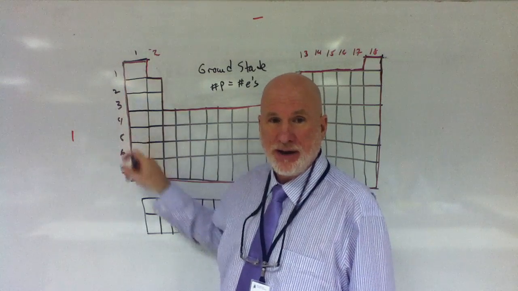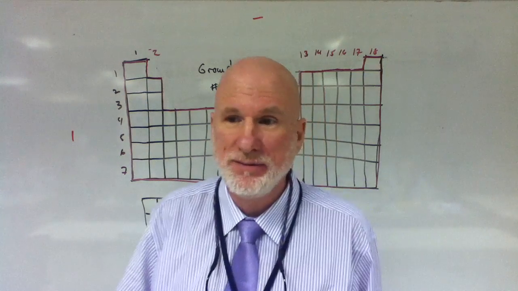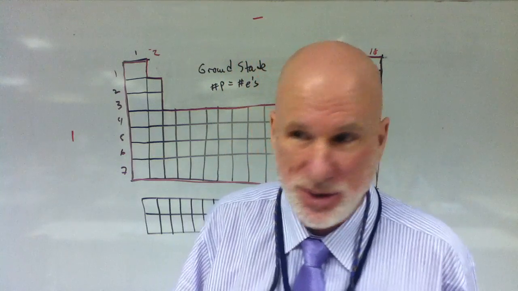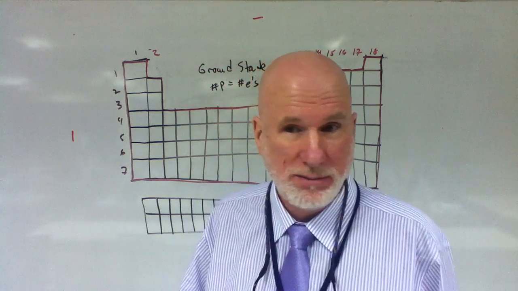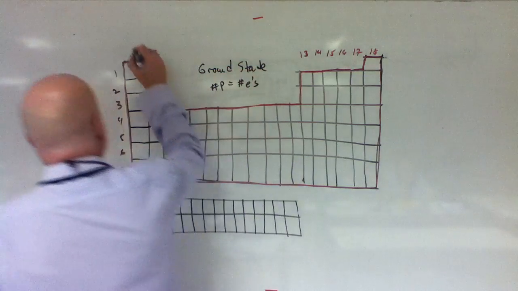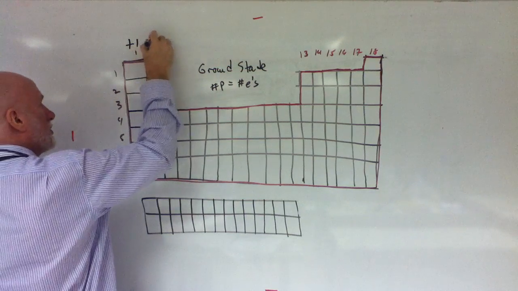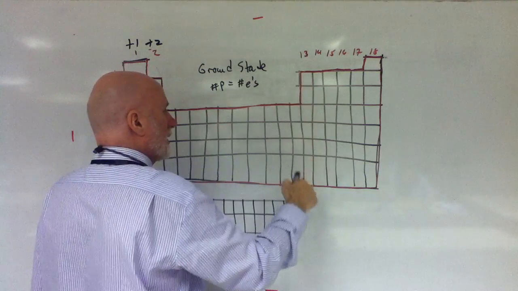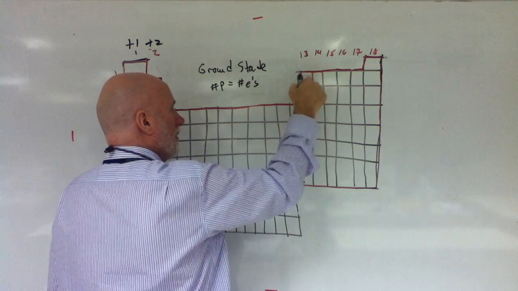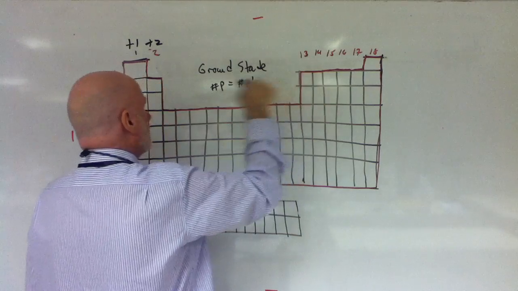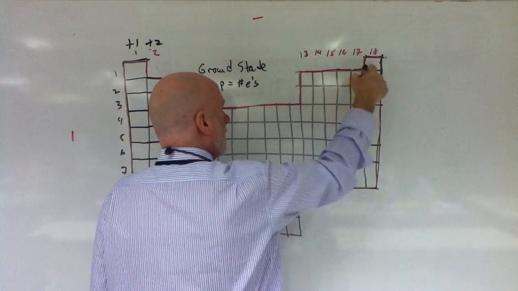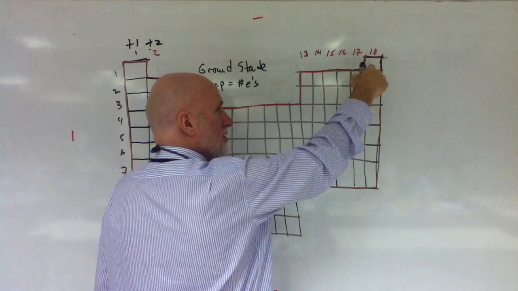So what will this entire column become? What charge? +1, right? Are you with me? Okay. So this will be plus 1. What will this column become? Plus 2. What will this column become? Remember, that has 13 electrons. If it gives up 3, it'll be like the nearest noble gas, right?